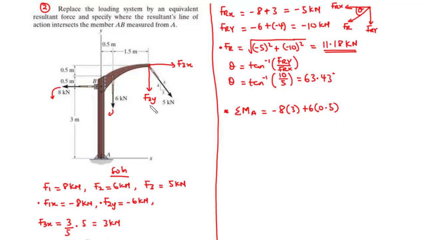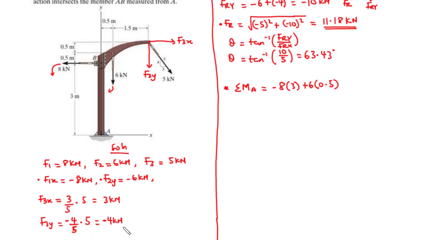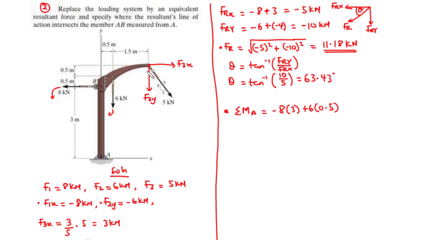Now let's move on to F3y. Now F3y is equal to 4. We are going to use the positive value, so 4. So if F3y is 4, the perpendicular distance away from the line of action of A is 0.5 plus 1.5, which is 2 meters. So since we are moving in the clockwise direction, we have a positive value, which is 4, times perpendicular distance 2. Now we move on to F3x. Now F3x is also going to act in the clockwise direction.